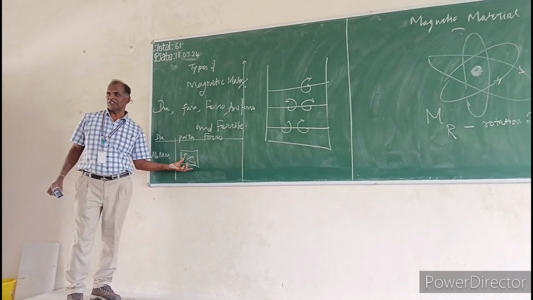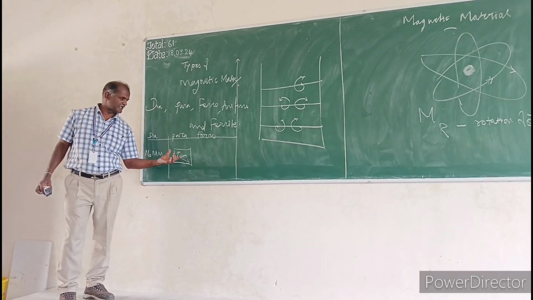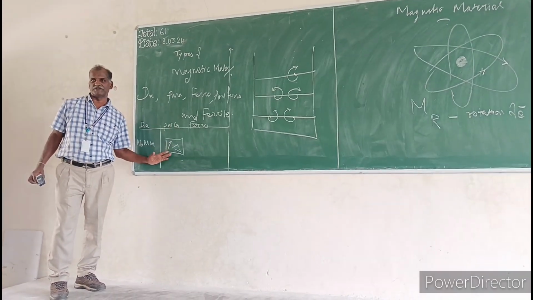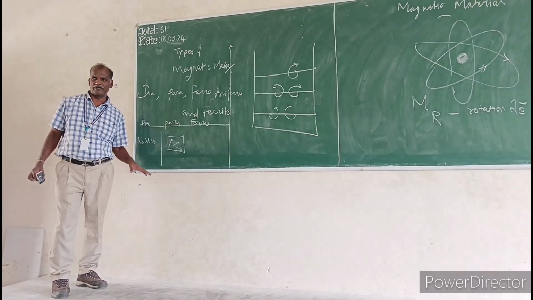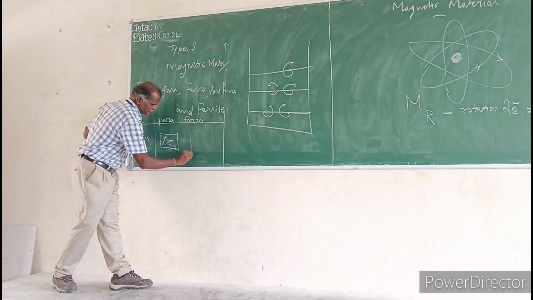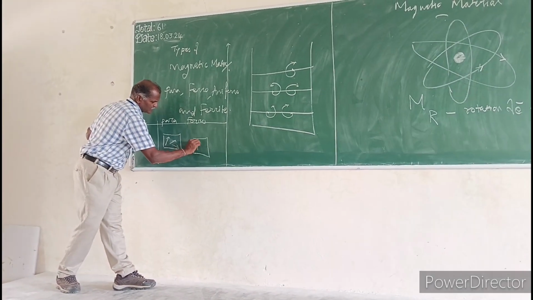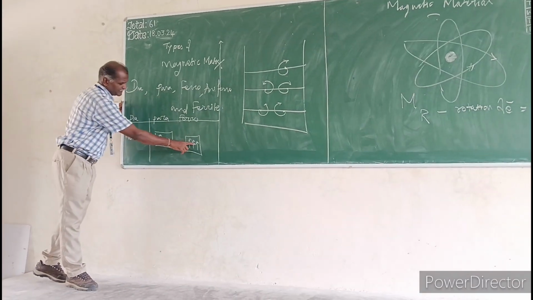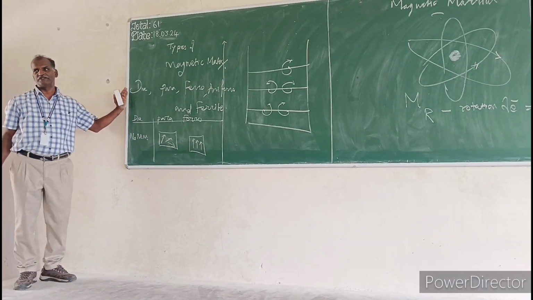Magnetic moments are usually represented by an arrow mark. Here the magnetic moments are not aligned parallel to each other, in the case of paramagnetic material. In the case of ferromagnetic material, more or less all the magnetic moments are aligned parallel to each other. This is a spin alignment of magnetic material.